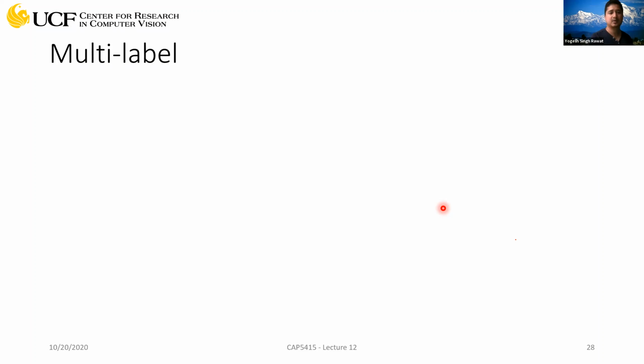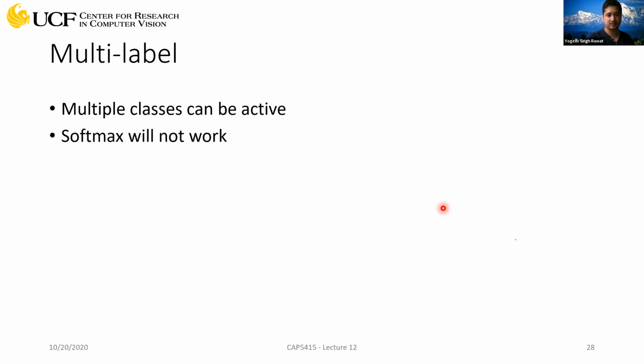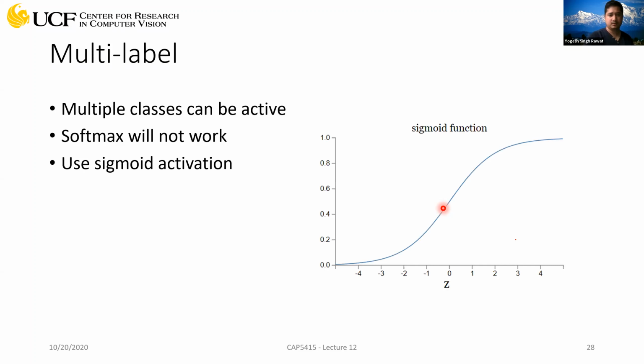In that case, multiple predictions can be active, so you cannot use softmax because it's not appropriate. So what you do is simply apply a sigmoid independently to each prediction, scaling it between 0 and 1, and then train using your normal cross entropy loss. Sigmoid will just scale each prediction between 0 and 1.